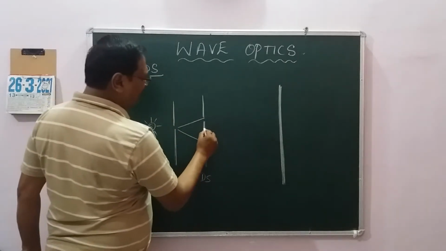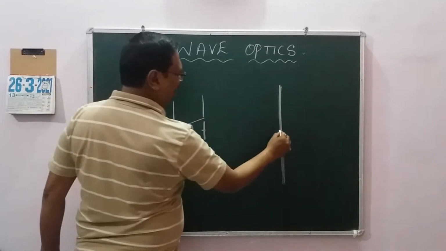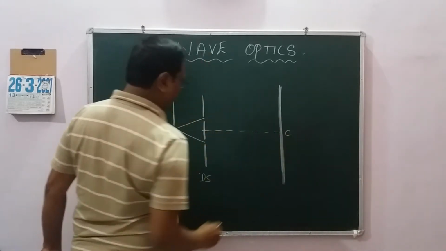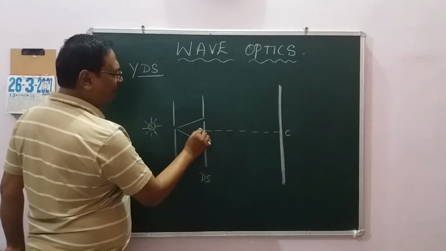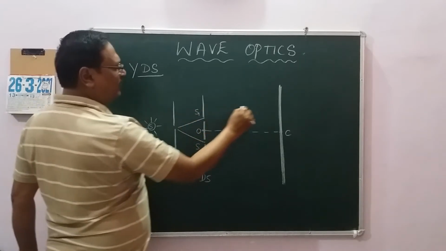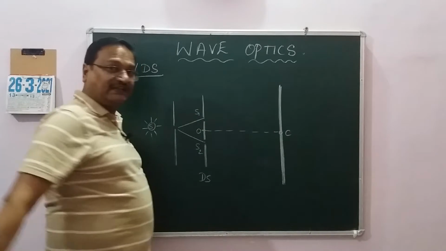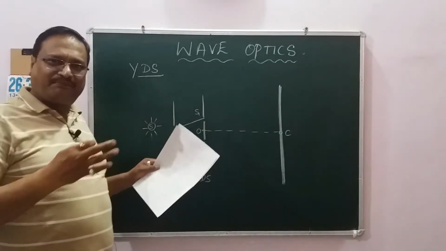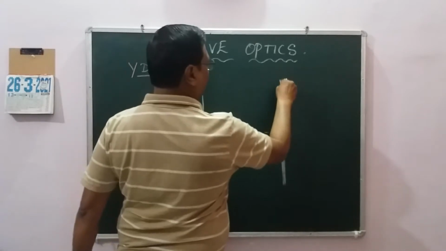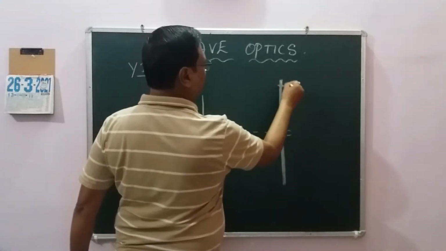Now let me take for example this midpoint here, the center one, and let us say this is the central maximum, and let us say this middle point is O and the slits are S1 and S2, and the central one is the central maximum, a bright fringe. Now if I ask where is the next fringe? Let us say this is the next fringe.